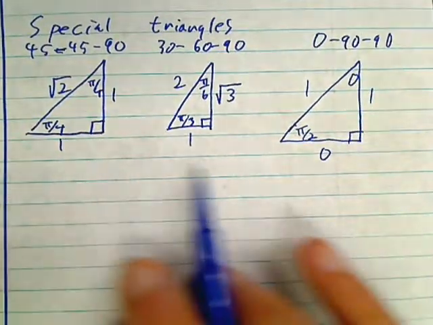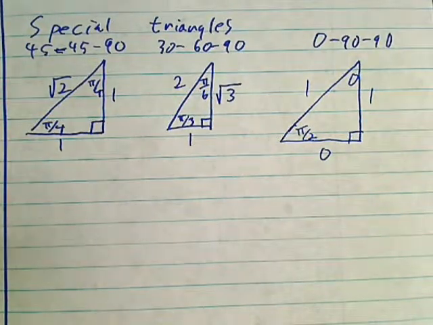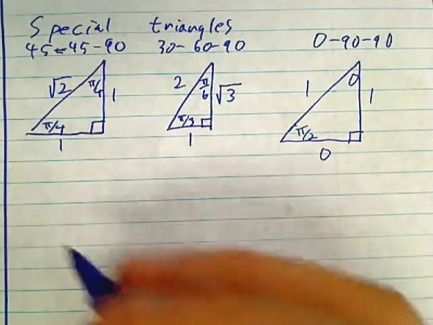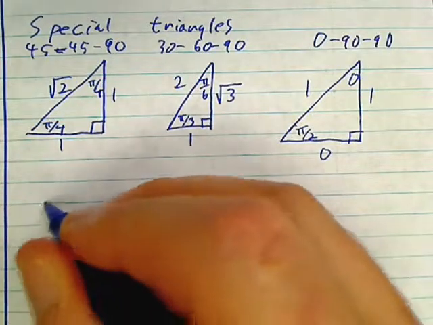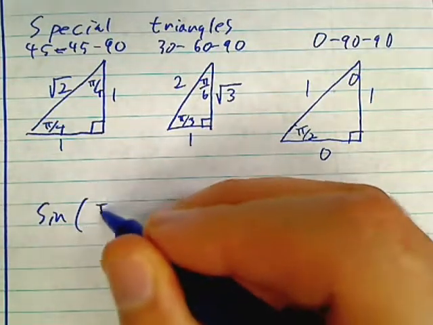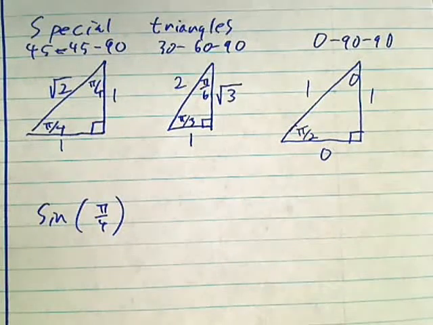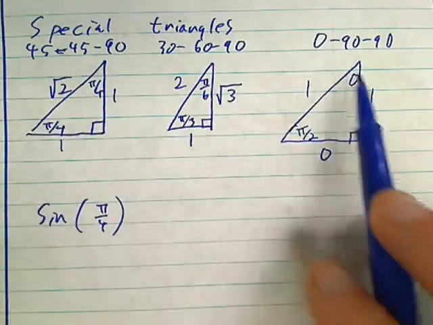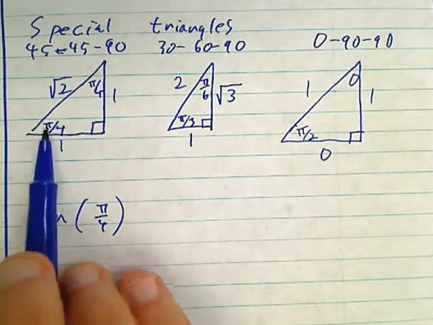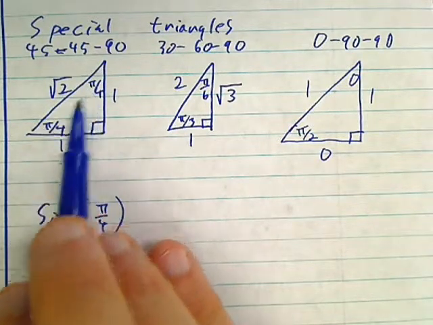So how do we use all of this stuff? Let me give you one example. Let's say sine of pi over 4. I want to know what sine of pi over 4 is. Let's look for pi over 4. There it is, and there it is as well. This is isosceles, so I could use either one.